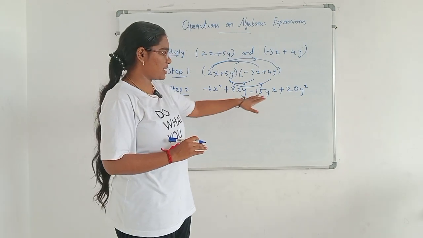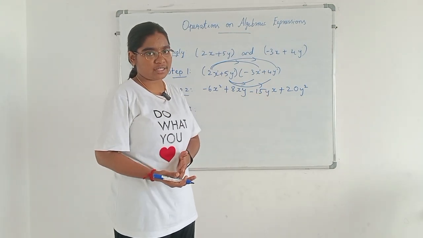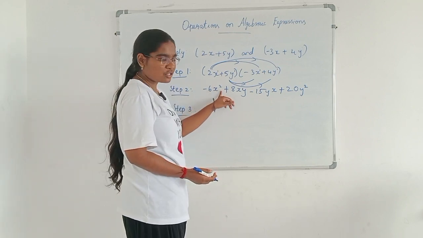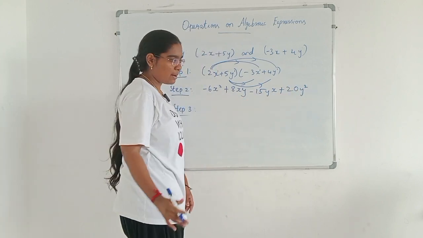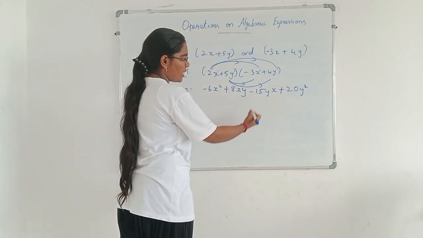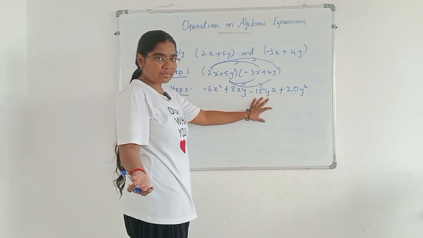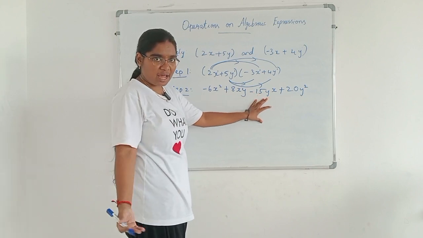For now, we have completed the multiplication part. Next, we can do further simplification on it. Am I right? Because here this is x square, this is y square. These are unlike terms, but this xy and yx are same and these two are like terms. So in like terms, we can perform the respective operation.